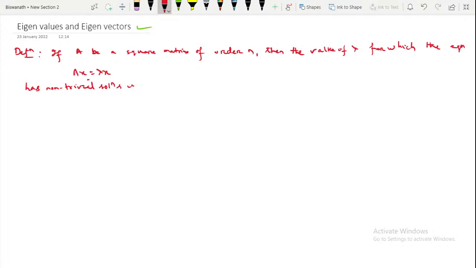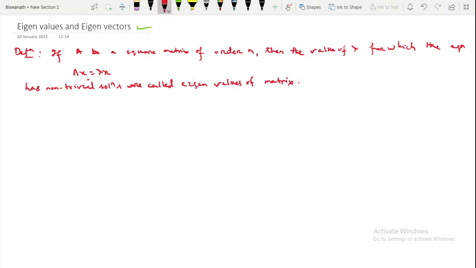Solutions are called eigenvalues of matrix A.